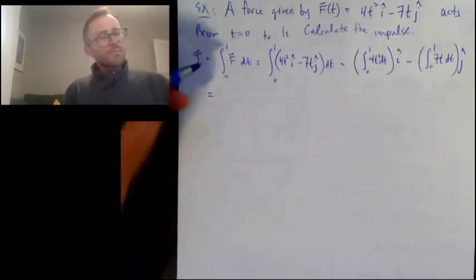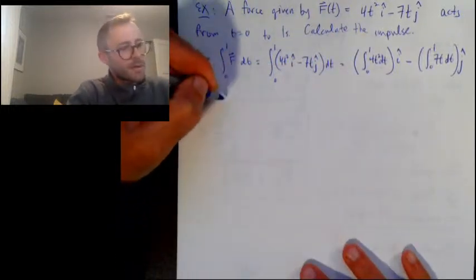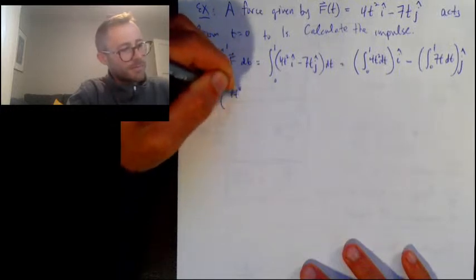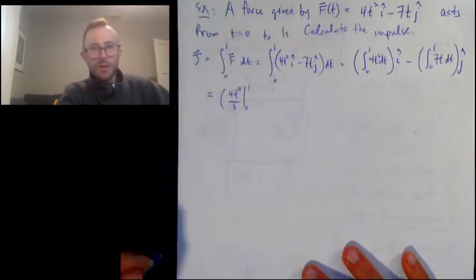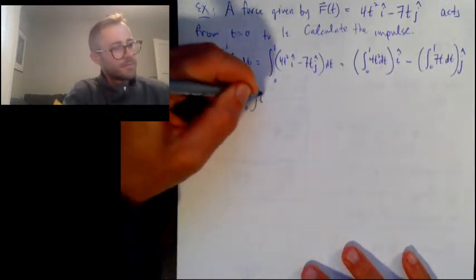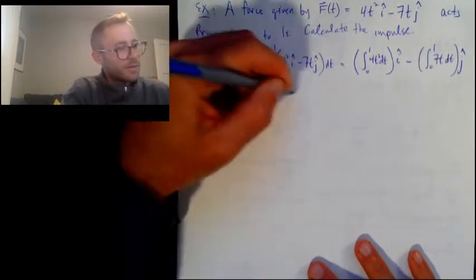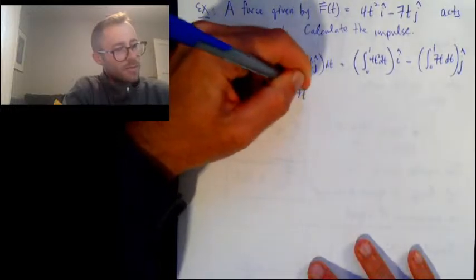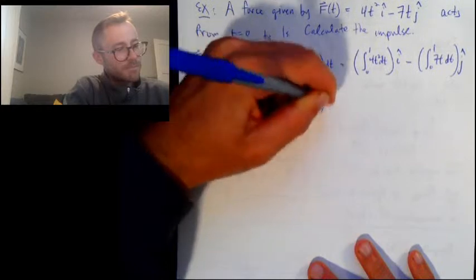Doing this integral, I've got to bump up the power and then divide by the bumped up power, and then evaluate from 0 to 1. And then bump up the power by 1, divide by the bumped up power, and evaluate from 0 to 1.